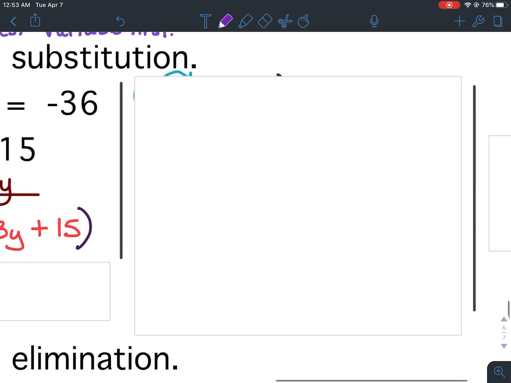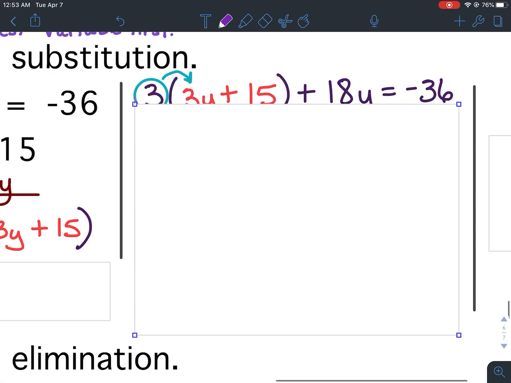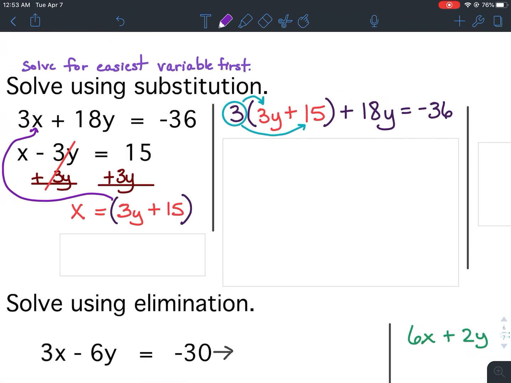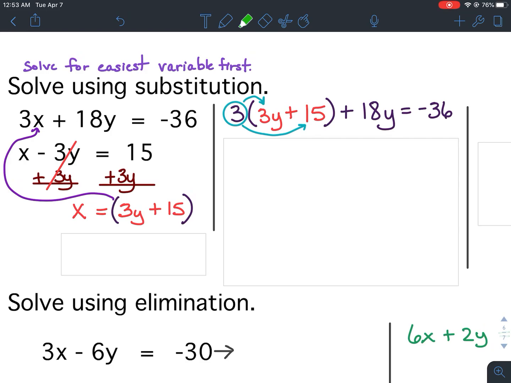And that's what I did over here. So I substituted it in and I got 3 times 3y plus 15 plus 18y equals negative 36. So in other words, I have this equation exactly the same except I replaced that x with the 3y plus 15.